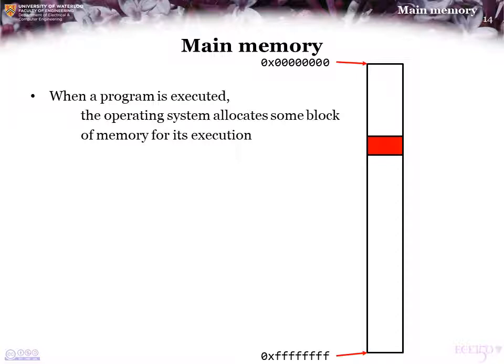That's a little bit much, but here are the first and last addresses of that block of memory. We will describe the largest address as the bottom of memory and the smallest of those addresses as the top of memory for the execution of that program.